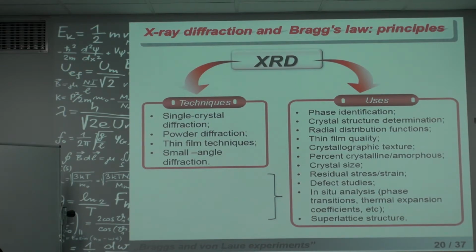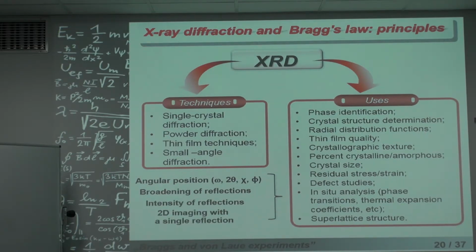We can know the crystal structure, thin film quality, stress, strain, defects, size, and so on. All this information is provided by the angular position, broadening of reflection, intensity of peaks, and imaging. Actually, all of this we can see on the diffraction pattern, which I will show you later.